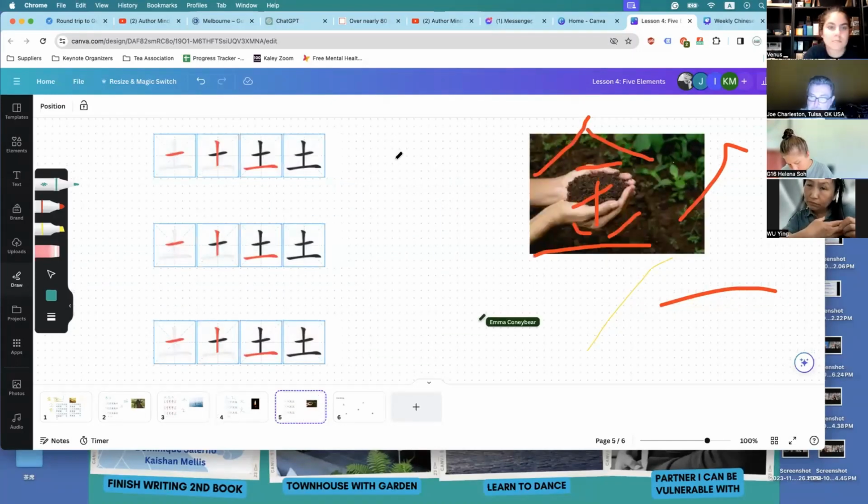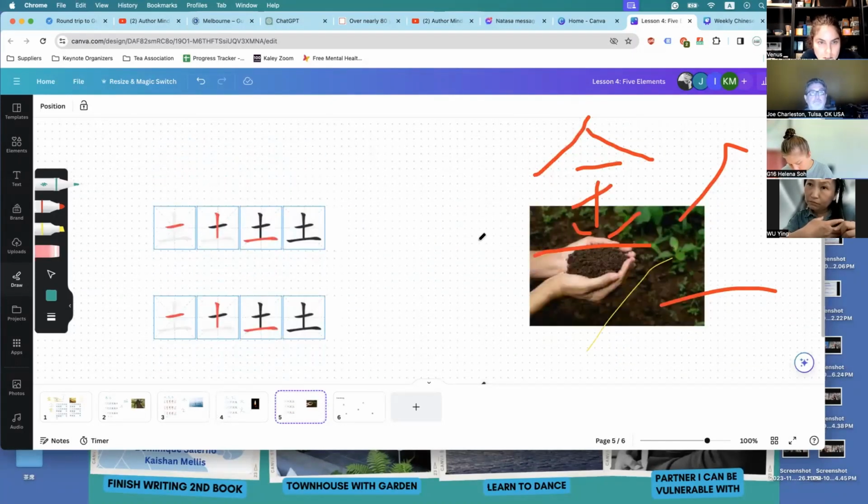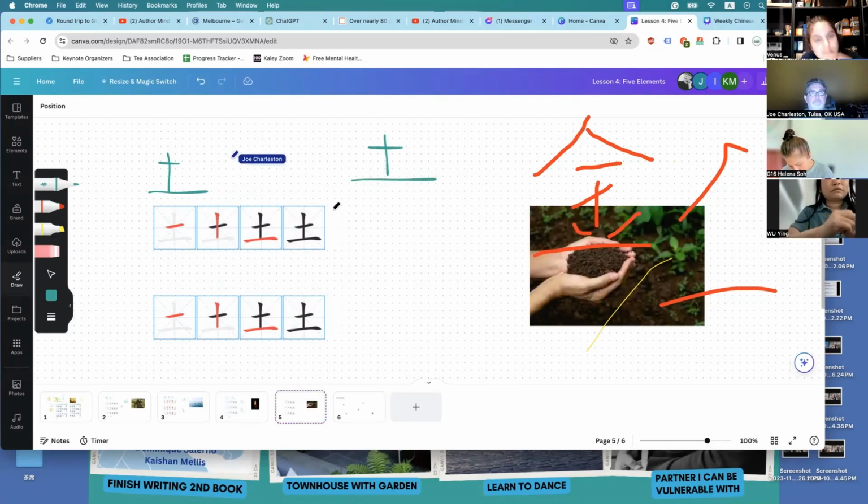So we had collectively come up with a way to memorize it. Thank you, guys. Now it will be a square cord sticking on the ground. And what does this mean again? Earth. Correct, yes. So it means earth.